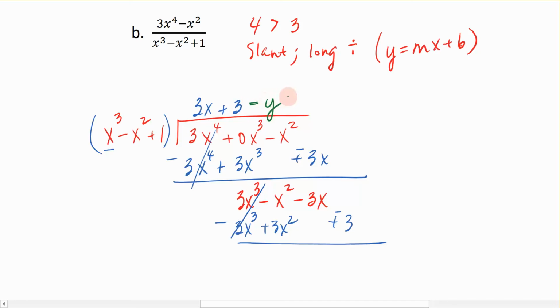This is the equation of a line that has a slope of 3 and a y-intercept at 3 also. So in other words, this is the slant asymptote. All slant asymptotes will end up being the equation of a line. Okay? And that's how we do this one.